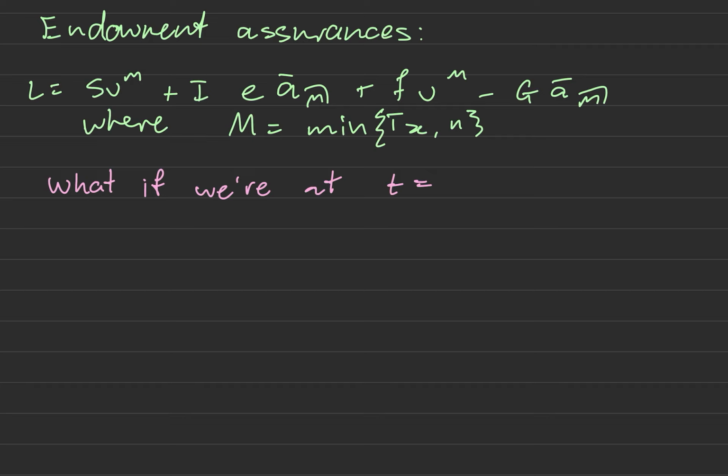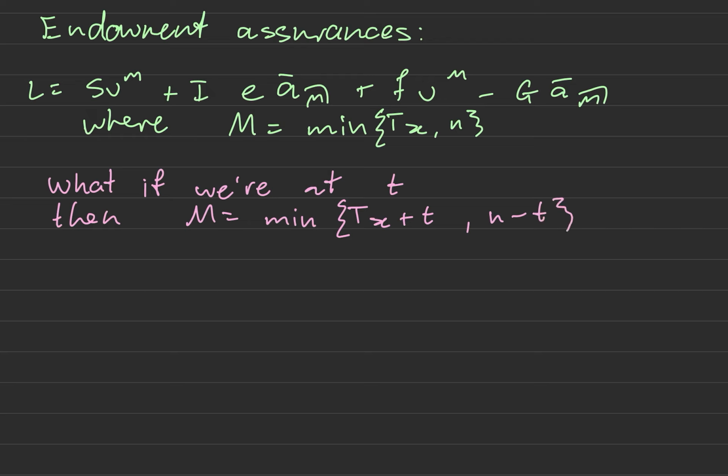Let's just say we're at time t. Then I must replace this m here. I'm going to do it for the endowment assurance. So then m becomes the minimum of Tx plus t and n minus t. Let's understand this.